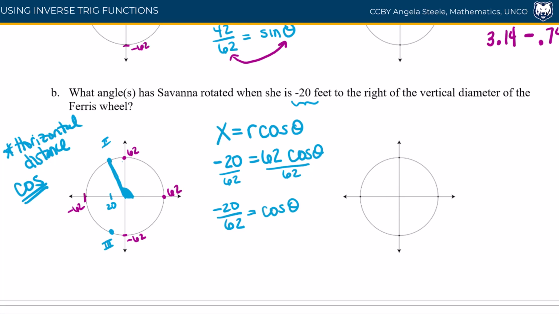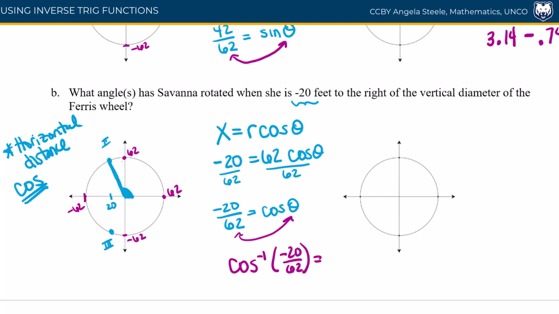And then in order to isolate our theta, we are now going to take the inverse, which means that we switch our inputs and outputs. So that gives us cosine inverse of negative 20 over 62 equals theta. Okay, again, the entire point of finding the inverse is so we can isolate that input.